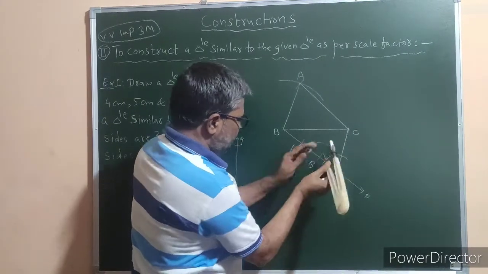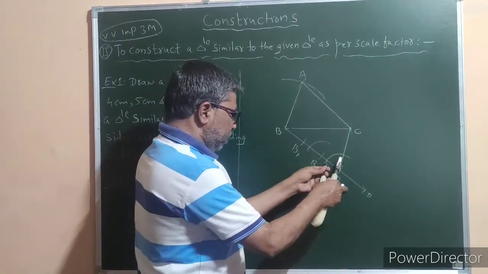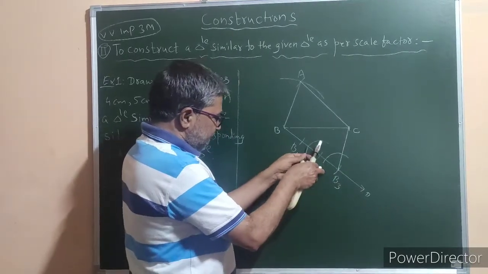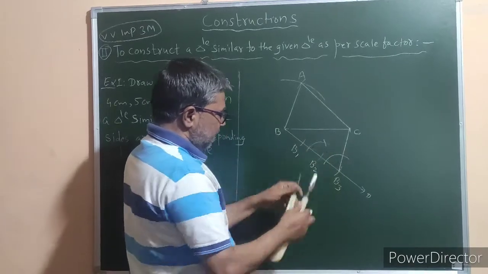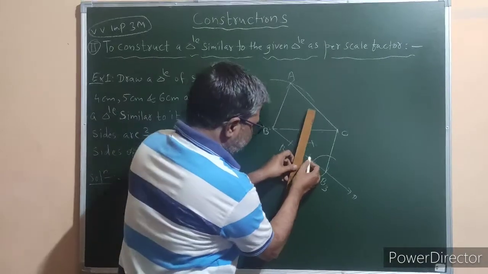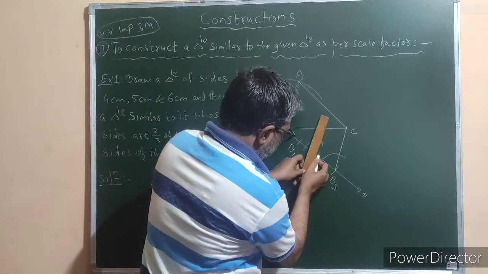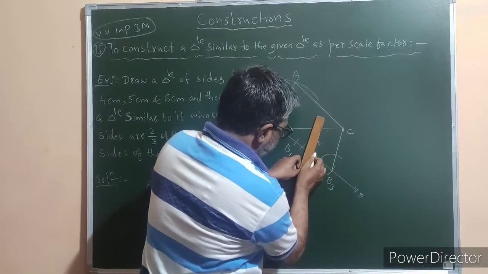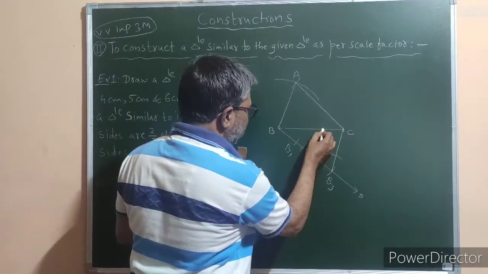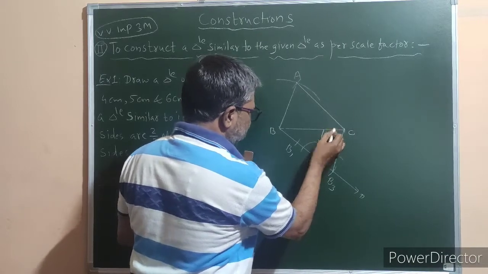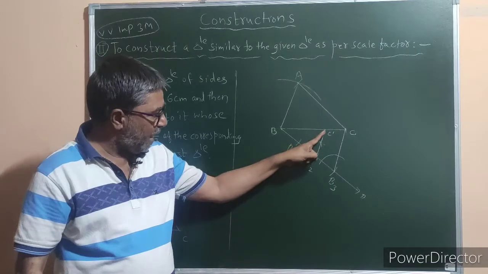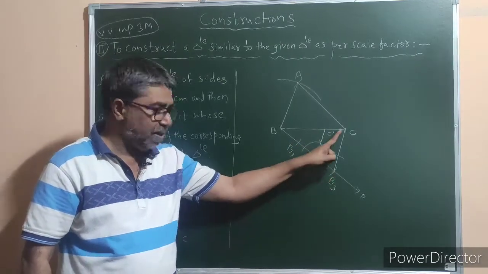Now the distance in between these points is to be taken on compass, and assuming this point as center, you have to cut this arc to get a point and draw a line passing through that point joining B2, and extend this line up to BC to meet BC at point C dash. So this B2 C dash is a line drawn parallel to B3C.